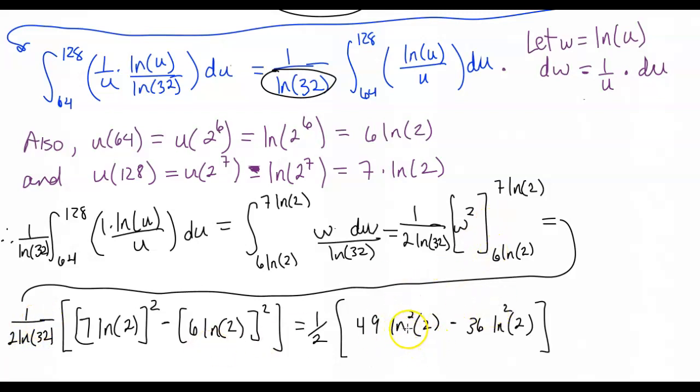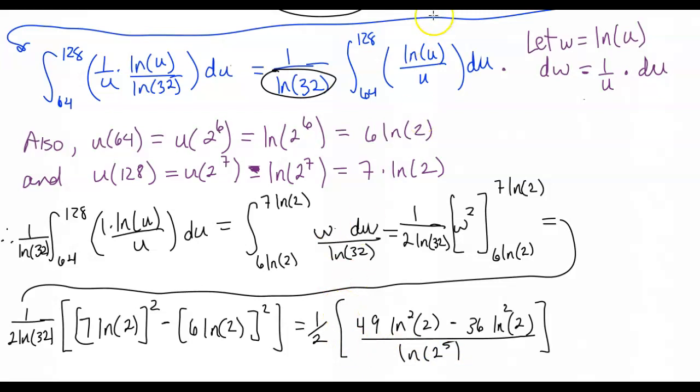And at this point, I'm going to keep this 1/2 out here. But if I come here, notice that this natural log of 32, I could actually rewrite this as natural log of 2 raised to the 5. Okay.